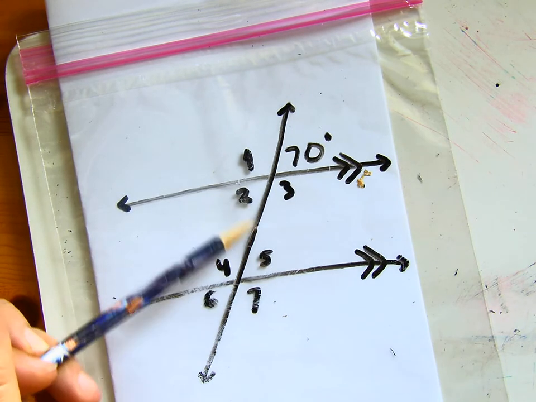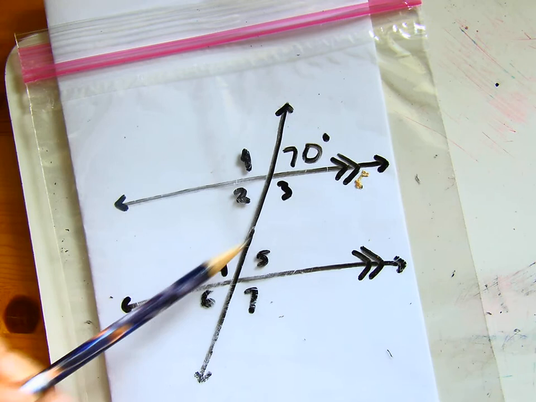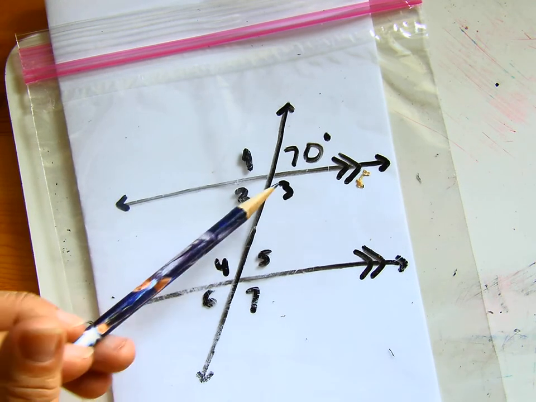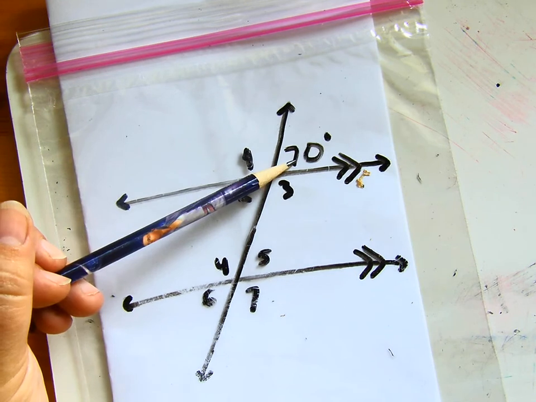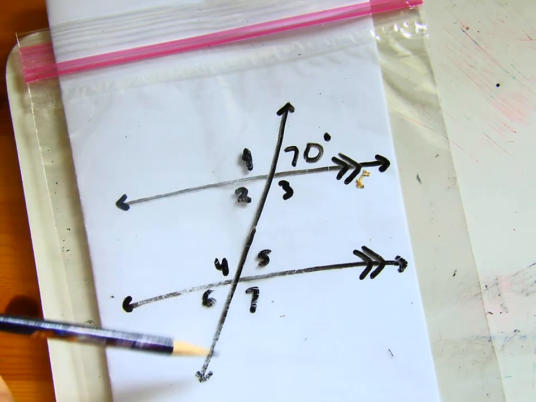So one thing that we learned before, that alternate interior angles are congruent, then what do you know about measure angle 6 and 70?